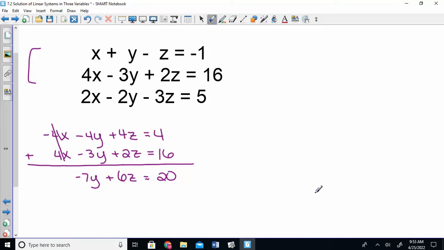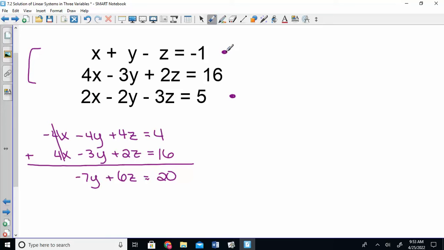Now, I need to take the equation that we have not yet used. So that's this third equation. I am going to put it with one of the other 2, and I have to eliminate the same variable. So I need to eliminate x again. Which equation do you want to pair it with? The first one.